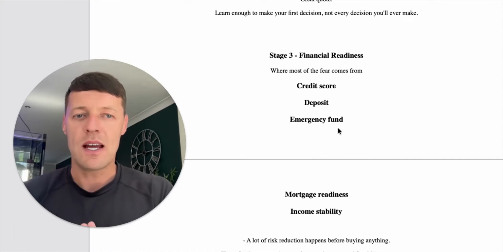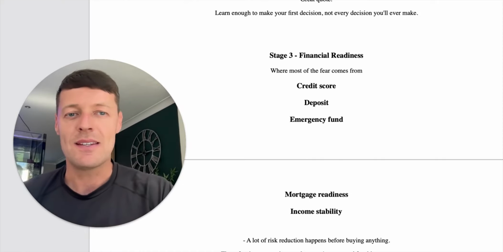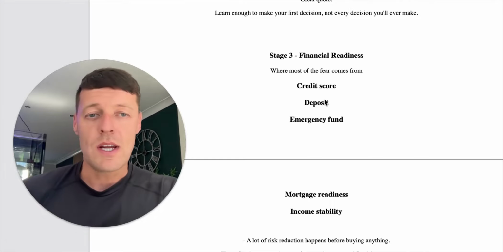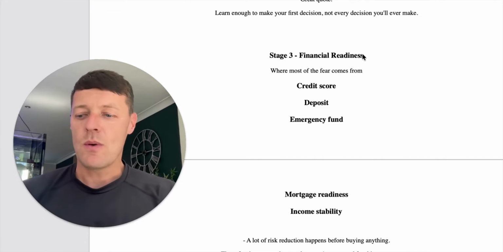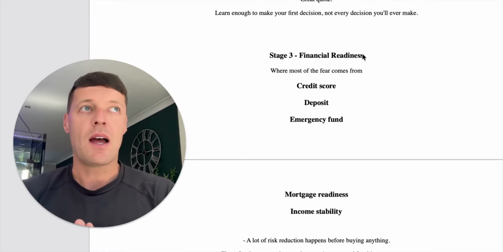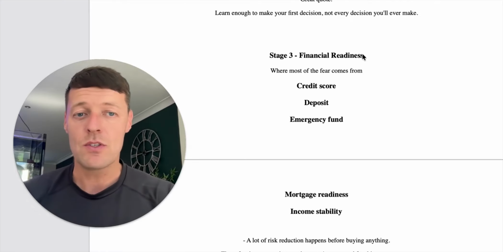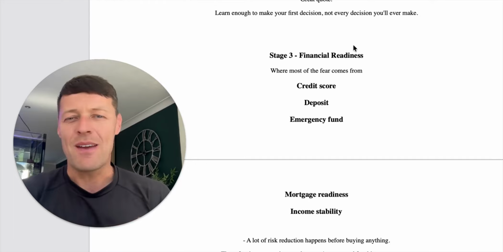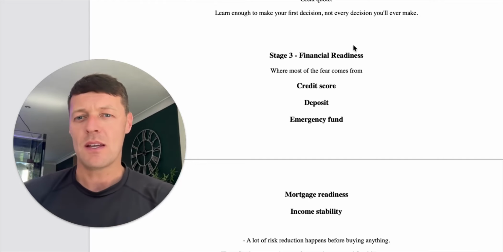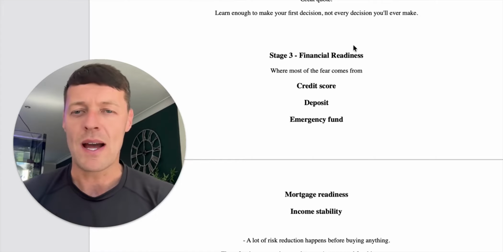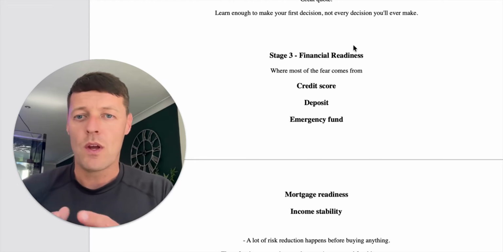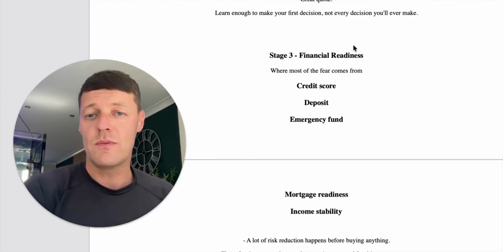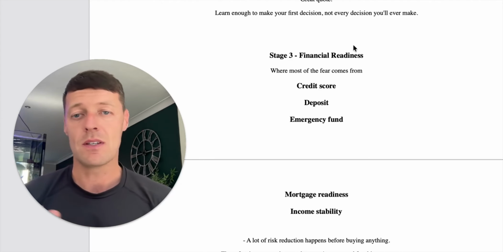So the things that I would suggest for you to do in this section is check your credit score and work on that. Deposit, make sure you have enough deposit as well as contingency funds. You don't want to invest every single penny of your money into property, because that will make you feel more anxious. It will just heighten the fear factor. So always have some contingency funds saved back. This will make it feel safer.